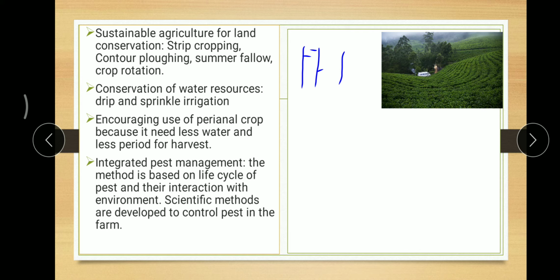This cropping method is very useful to preserve the nourishment values in the soil, and it will also help with pest control. Another method is contour ploughing. In this picture you can see the contour ploughing method. In contour ploughing, the crops are planted on the slope of the hill in horizontal lines.